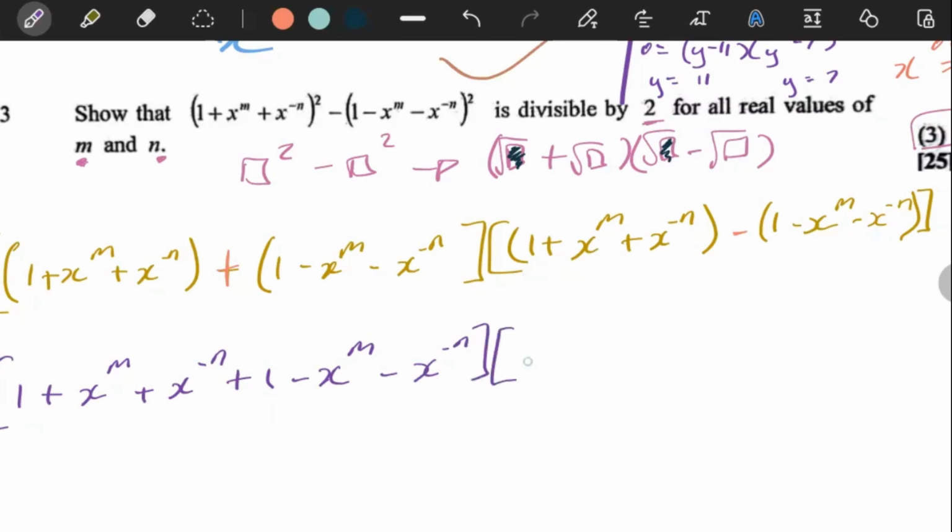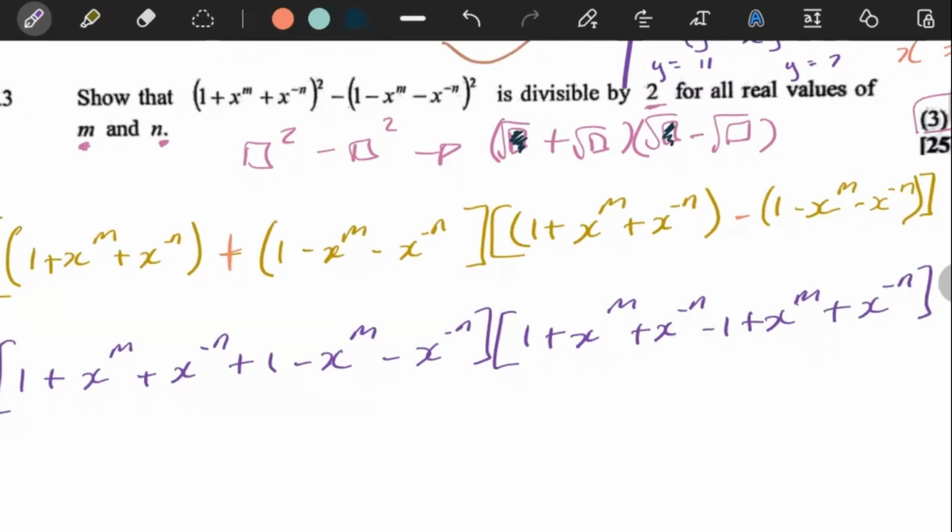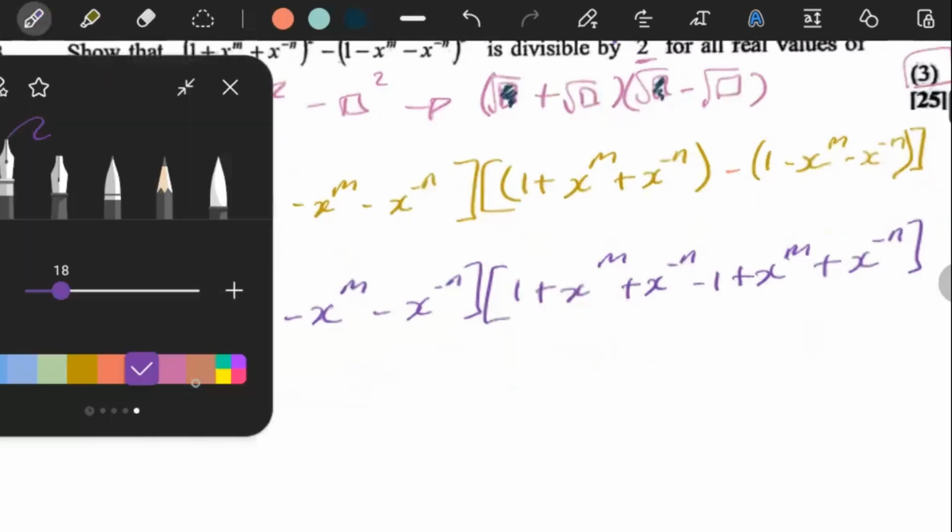In this, nothing is happening in the first bracket. If you multiply negative inside, that's going to be negative 1 here, plus x to the power of m here, and then plus x to the power of negative n there. See?